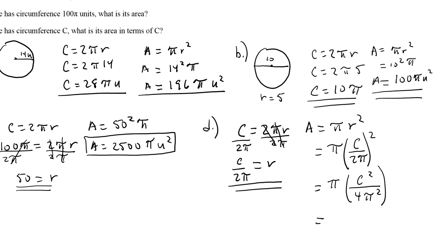And so when we do this, we can do some algebra. The pi's cancel, and so we're going to get C squared divided by 4 pi. So the area in terms of circumference is C squared divided by 4 pi. So that's kind of interesting.